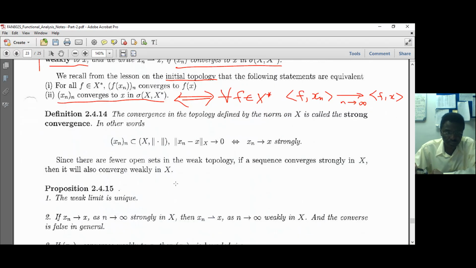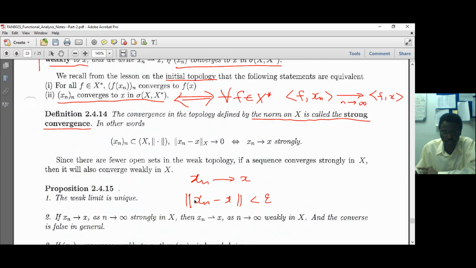Another definition. The convergence in the topology defined by the norm. Oh, I already mentioned this. It's called strong convergence. Right? I indicated it here when I mentioned strong convergence. Okay, so for the strong convergence, this is how you write it. When you say that xn converges to x for the topology of the norm of x, this is exactly what you write, because when you write convergence, you take this minus x for that norm less than epsilon, right?